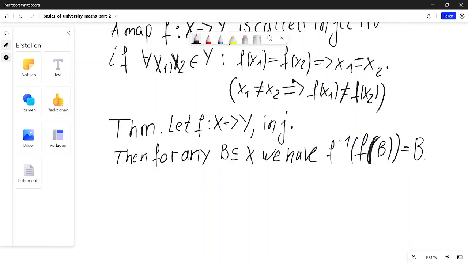Okay, so one direction we have already discussed just without writing it down, but let's just do it. That is this one for any map.